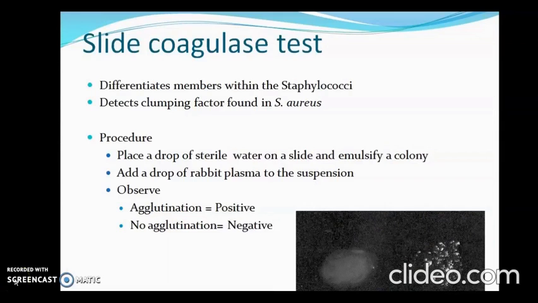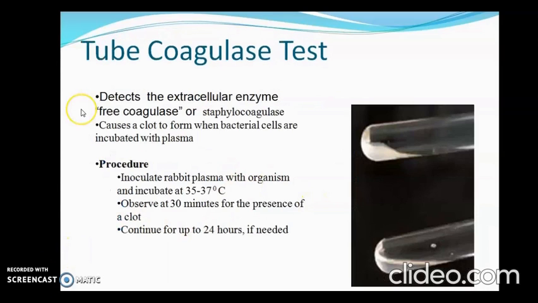Both the slide and tube coagulase tests are used to differentiate members within the Staphylococci, and the slide test detects the clumping factor that is found in Staphylococcus aureus. So if agglutination is found, the test is considered positive, and if there is no agglutination it is negative. And the tube coagulase test, as mentioned earlier, detects free coagulase, and here the positive test is shown by a clot formation.